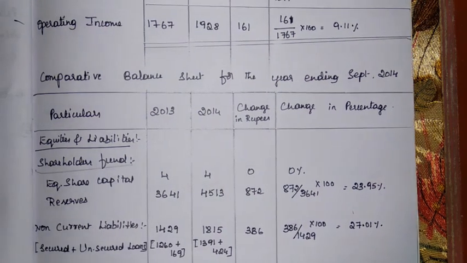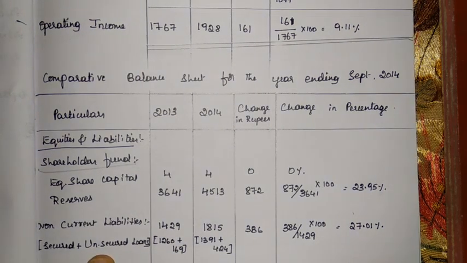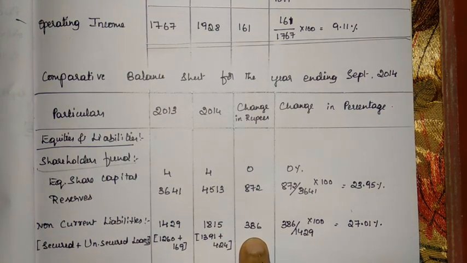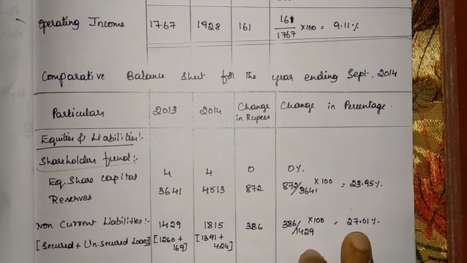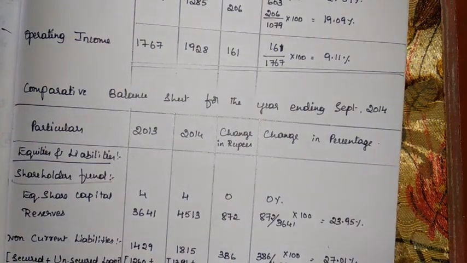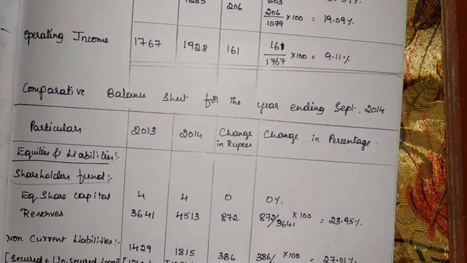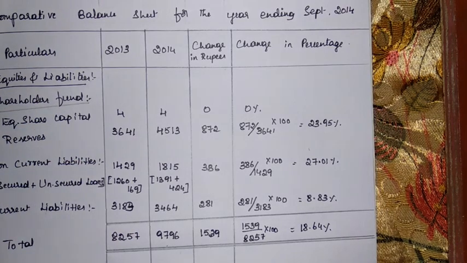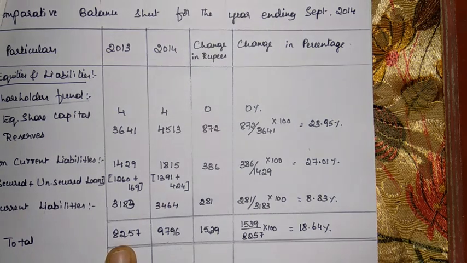Non-current liabilities: under that, secured and unsecured loans together we are taking. So there is a positive change of 386 and in percentage 27.01%. Current liabilities 3,183 and 3,464, a positive change of 281 and in percentage 8.83%. So total liability is 8,257 in the base year and 9,796 in the current year.